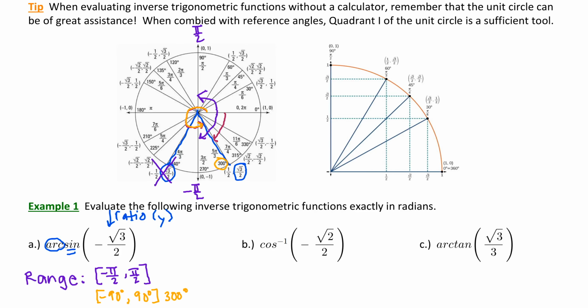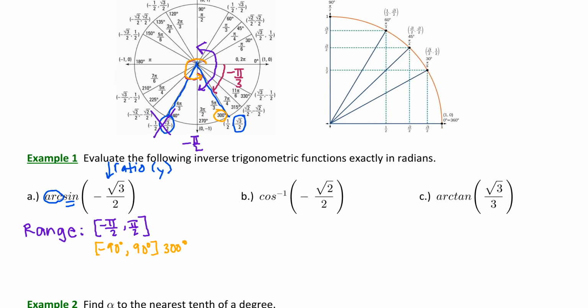Notice this angle would be negative 60 degrees, or in radians, that would be negative pi over 3. Just like negative 60 degrees is in the interval between negative 90 and 90, negative pi over 3 fits in this interval. Therefore, we can conclude that arc sine of negative square root of 3 over 2 is negative pi over 3.